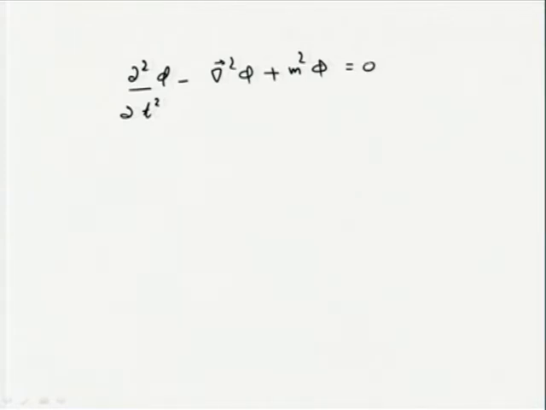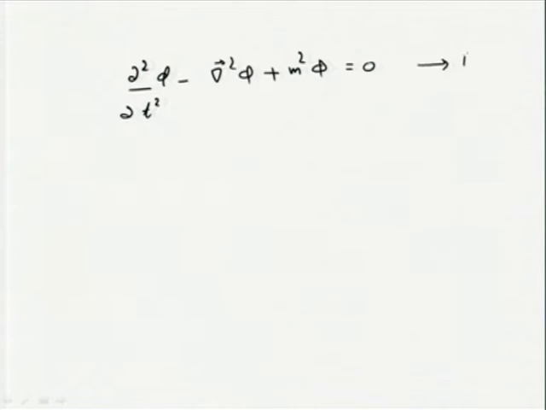No particular need to do that, but let me denote it by phi, because that is the standard way of denoting the fields or the wave functions that satisfy the Klein-Gordon equation. Now, let me multiply this by minus i phi star.